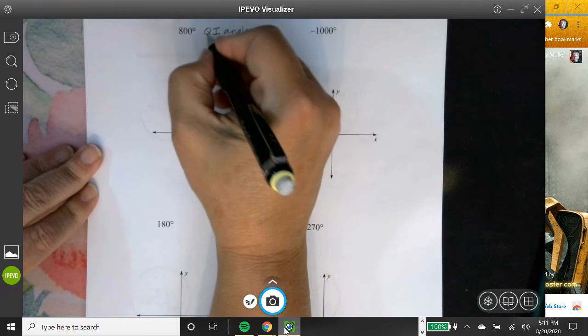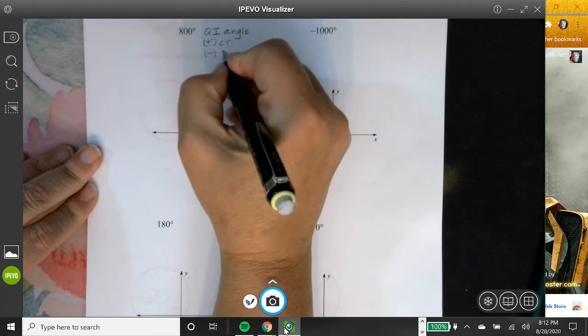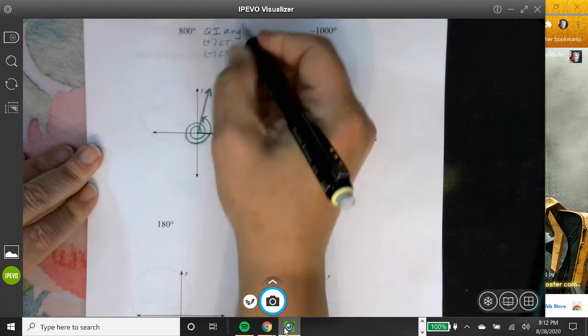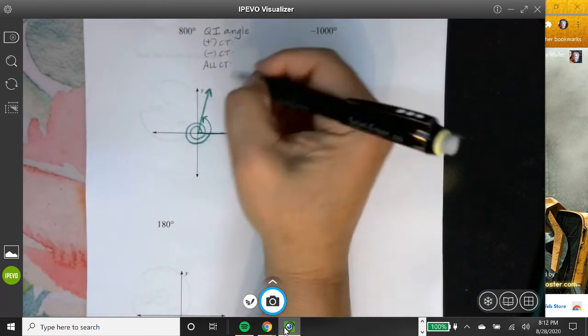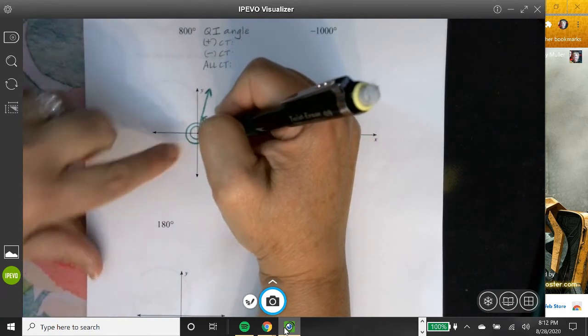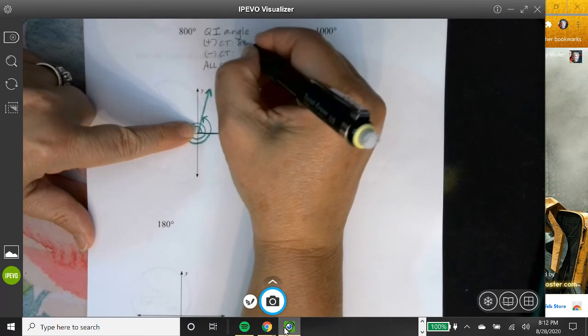And we're going to say a positive coterminal, a negative coterminal, and an expression for all of them. So positive one, I think it's going to be 80, right, because I can choose to start and stop here, so that would be 80 degrees.